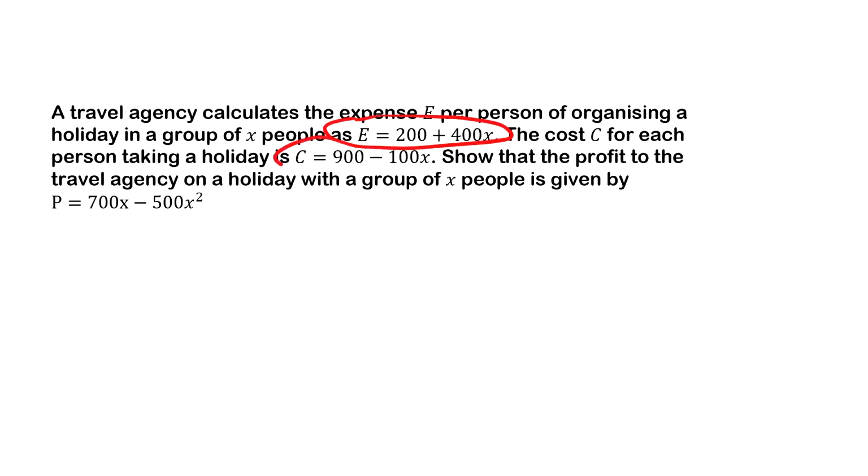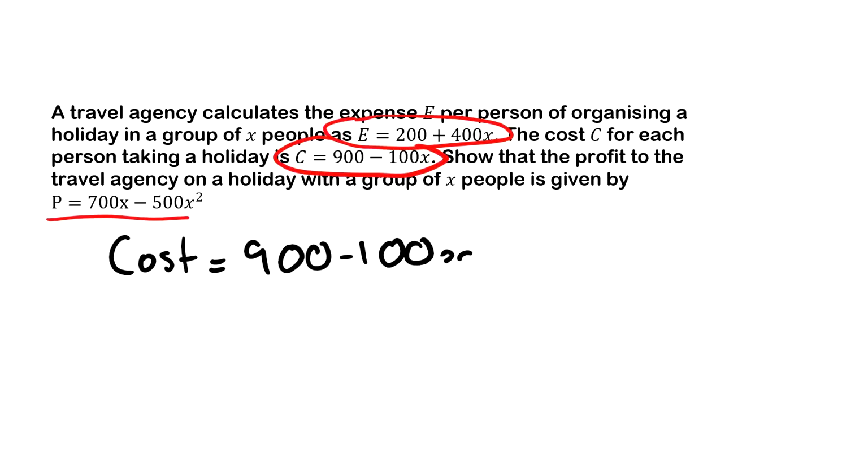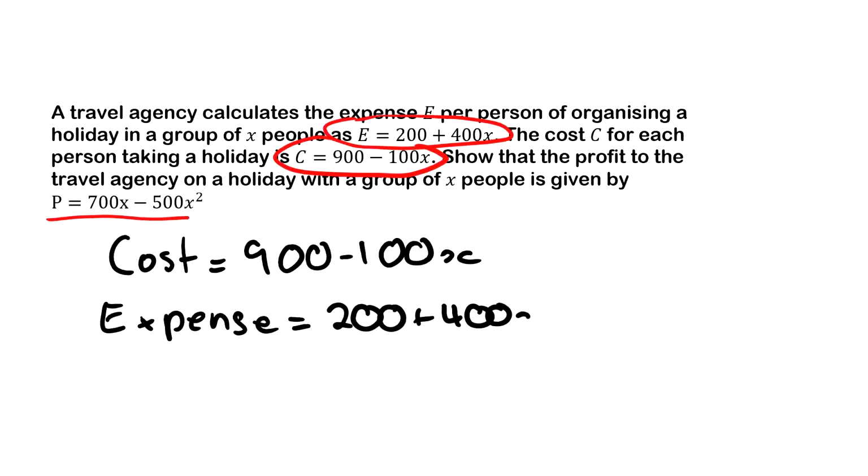Here, here, and we need to show that we're getting this. Before we begin, I'm going to write these down. I know I have cost equals 900 minus 100x, and I have expense equaling 200 plus 400x.